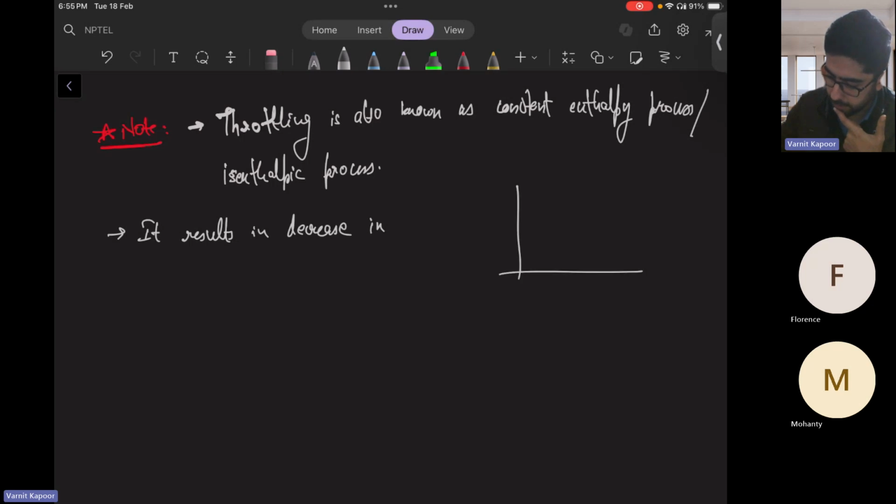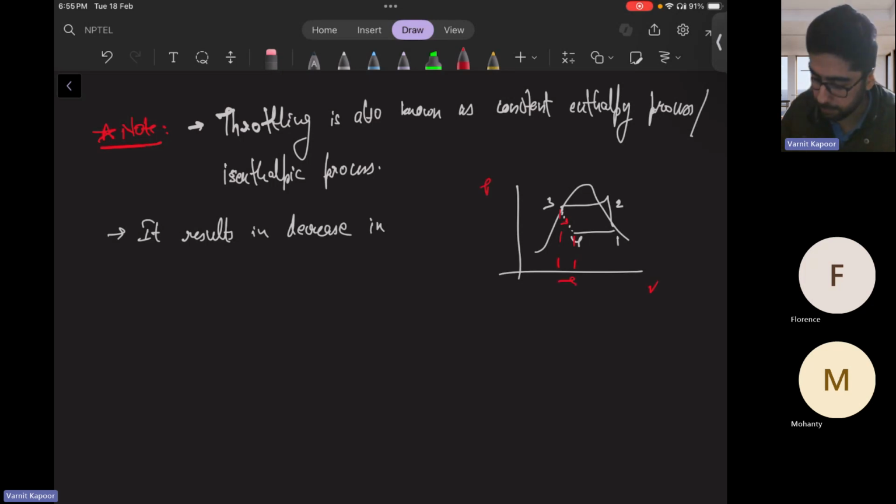So I'll give a glimpse like this. This is a cycle, what it looks like. So from 1, 2, 3, 4, the process from 3 to 4 is a throttling process where volume is expanding. This is a PV plot. So expansion of volume happens from 3 to 4.